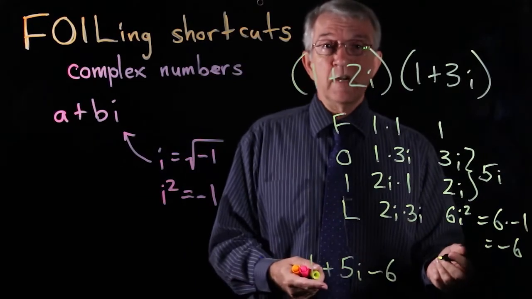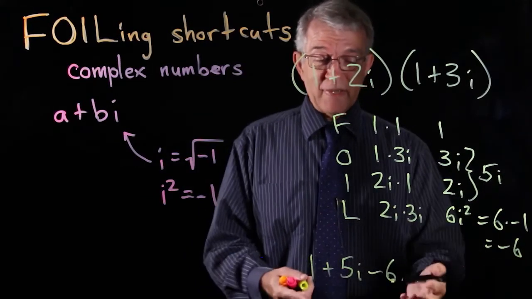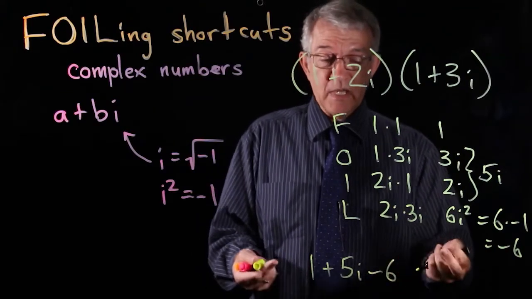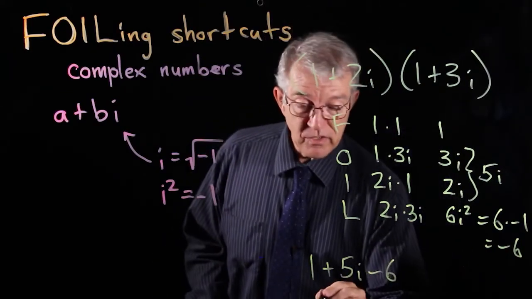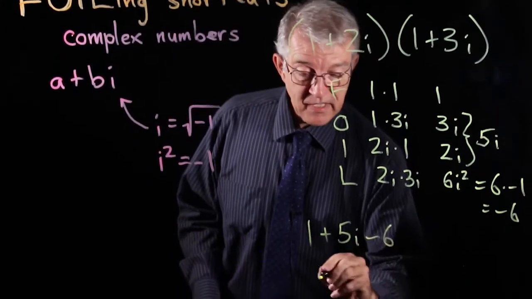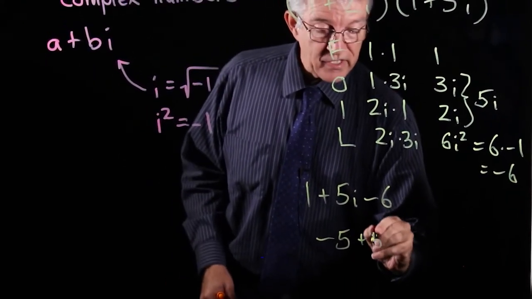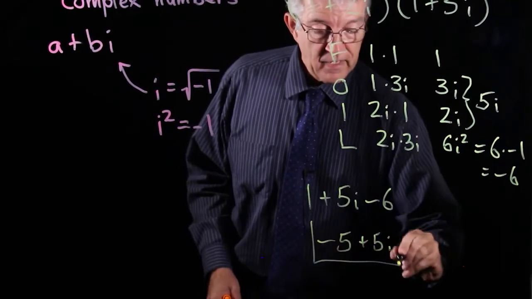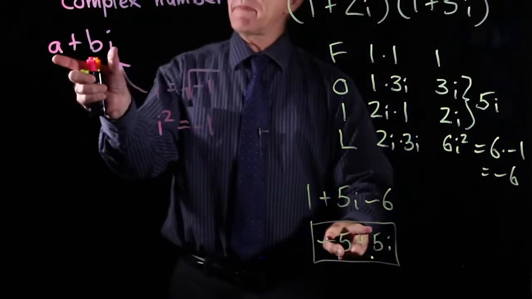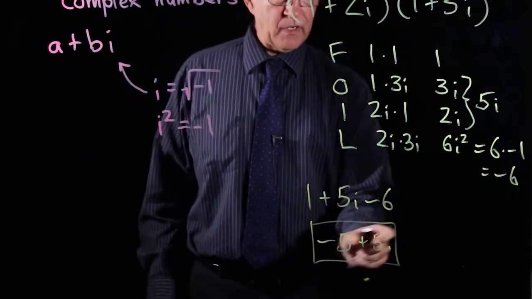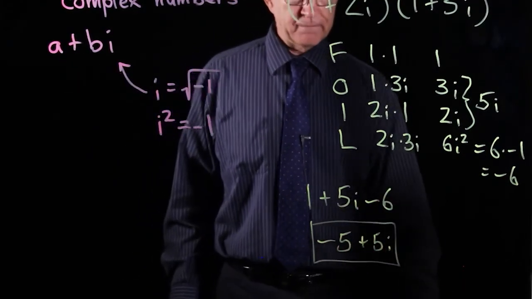When we were doing the earlier problems, we were done, but not this, because the 1 and the -6 are both real numbers, and we need to combine those. And so 1 minus 6 is -5, and then the 5i, the imaginary part. And there's our final answer, and you can see that it matches the form a plus bi. So there's the real part, there's the imaginary part.